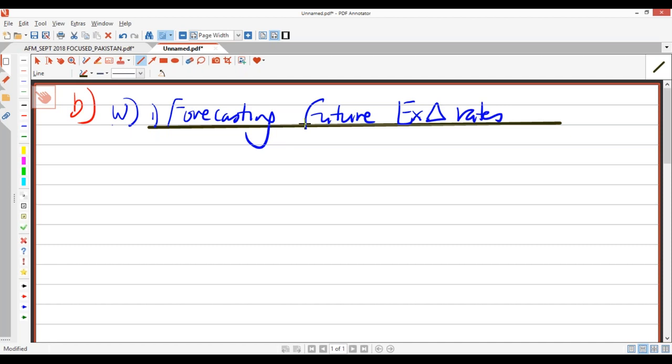For a long-term project, usually the best way to forecast long-term foreign currency is purchasing power parity theory. For short term, you use something called interest rate parity theory. That's forecasting forward rates and all that.